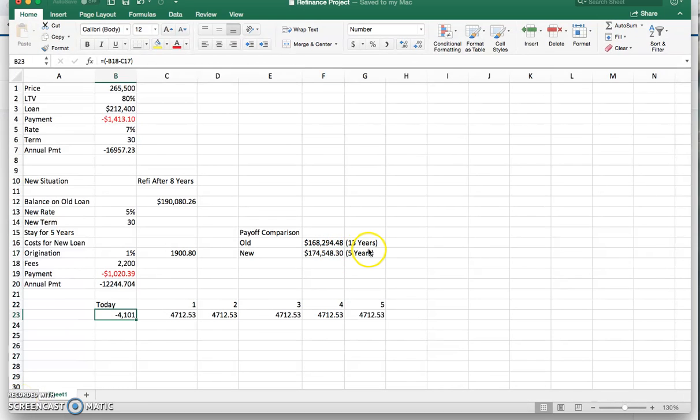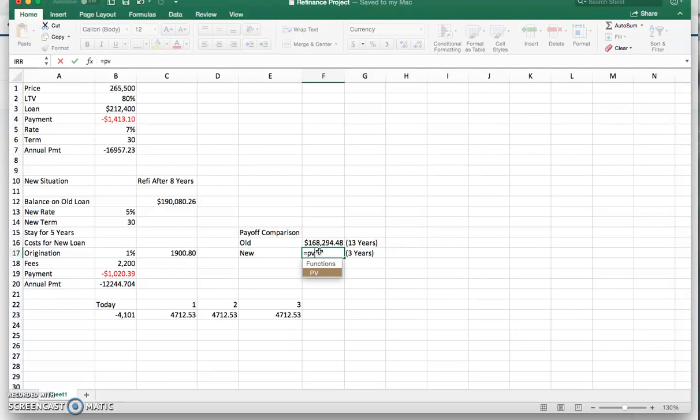Actually, I'm changing this to 3 years. I just realized the directions said they're looking to move in 3 years. So I'm going to change that to 3 and take these 2 out. That was my bad. But it'll still be the same calculation.